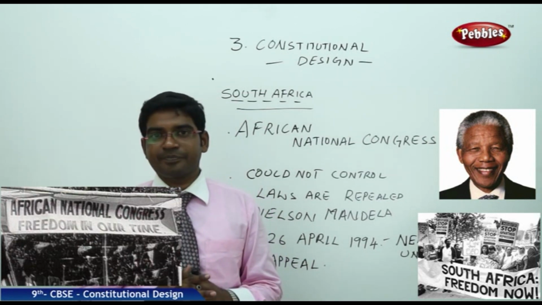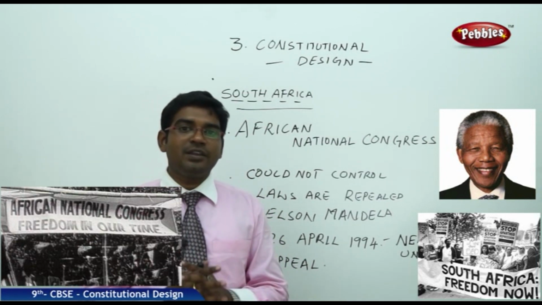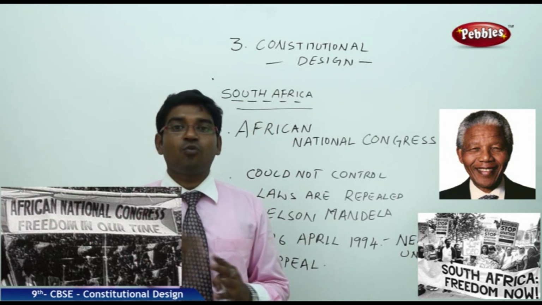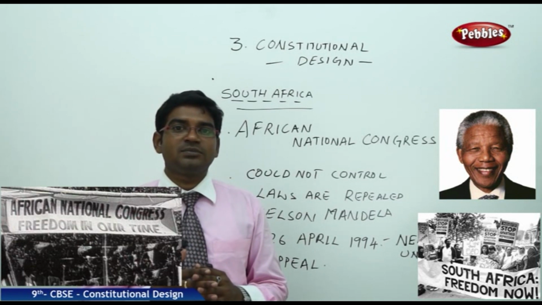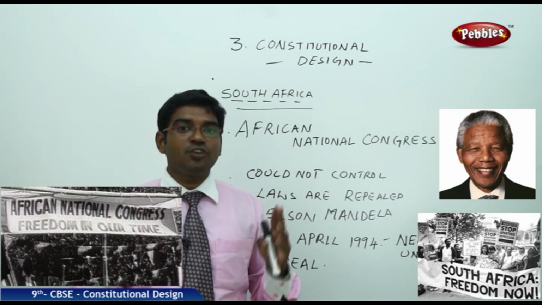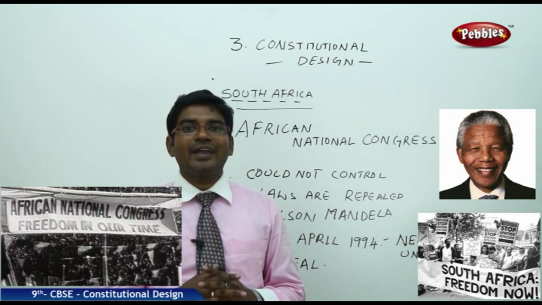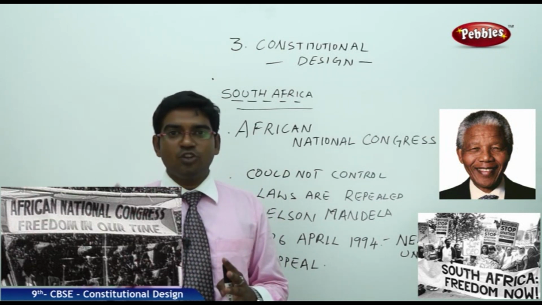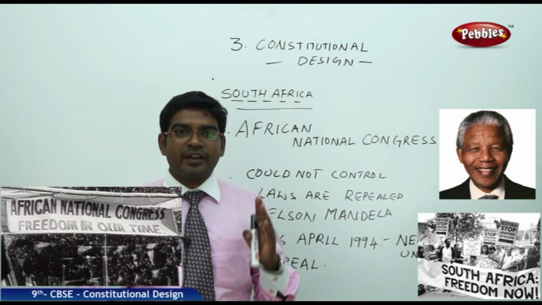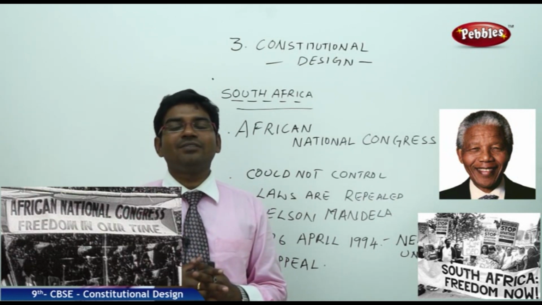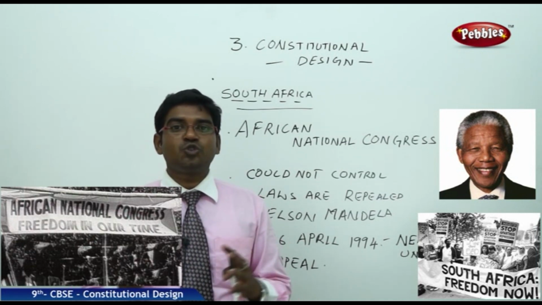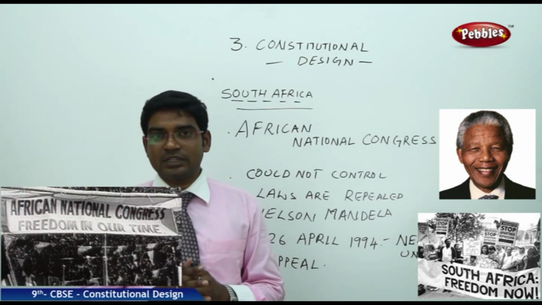Yes, he appealed to the people to forgive the whites for whatever actions they have done, maybe intentionally or unintentionally. And we all will join our hands together and draw up a new constitution, where it would be rightly said, the rainbow country, wherein we have different colored people staying here with mutual respect and mutual concern.